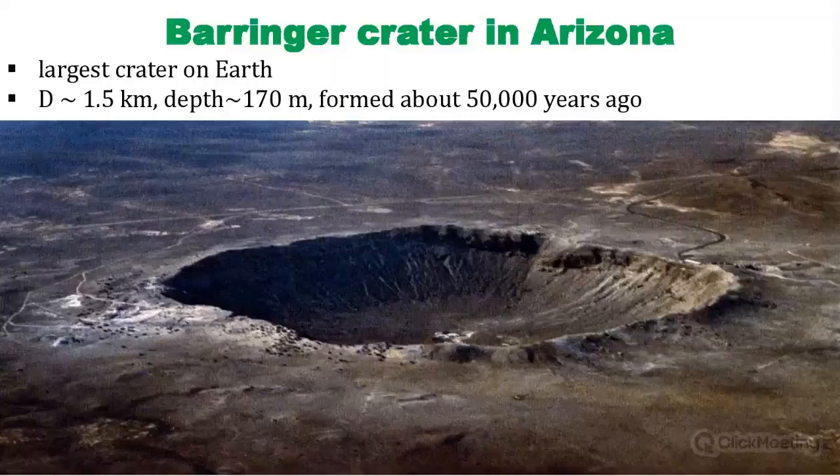One example is the Barringer crater in Arizona. This is the largest crater on Earth with a diameter of 1.5 kilometers and depth of about 170 meters. Because this site is accessible, we have a very good understanding, and we know that this crater formed about 50,000 years ago.